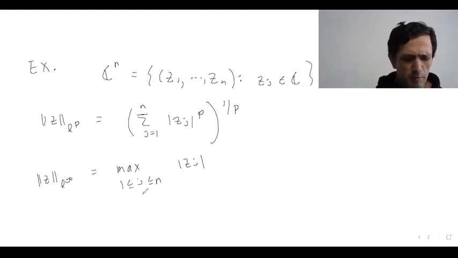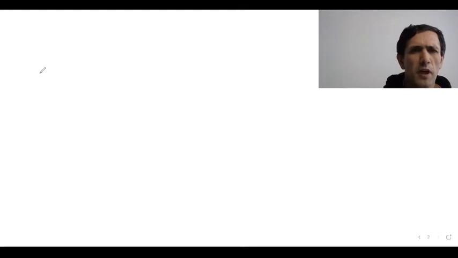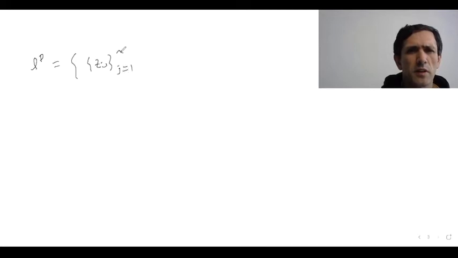All right. More examples that we've probably all dealt with before is little l^p, which is just all sequences. It doesn't have to be indexed by the positive integers, but it's all sequences of complex numbers where this sum here is finite.